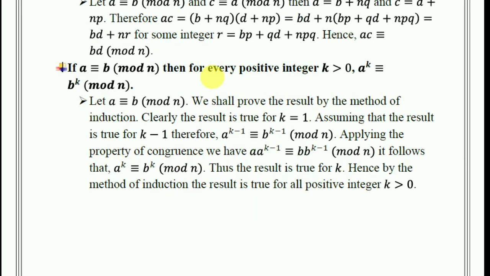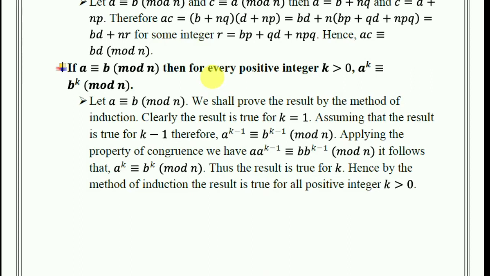Now let a be congruent to b mod n and c congruent to d mod n, meaning I can write a equals b plus nq, and similarly c can be written as d plus np, for some integers p and q. Therefore, what is ac? ac is nothing but the product of these two numbers.